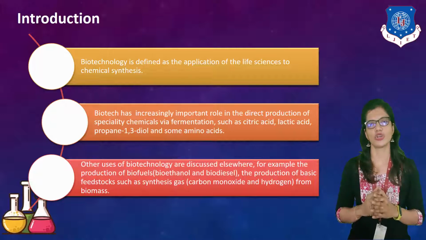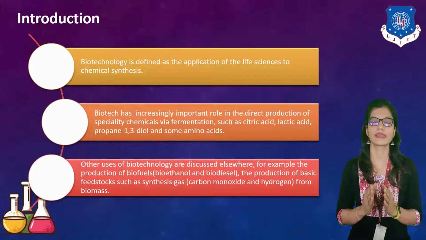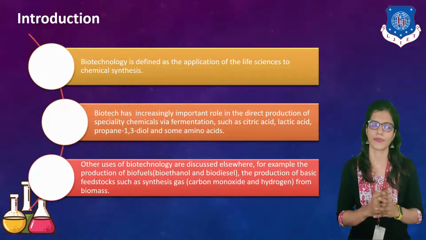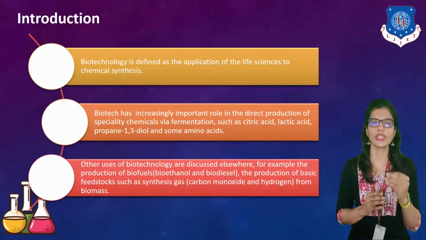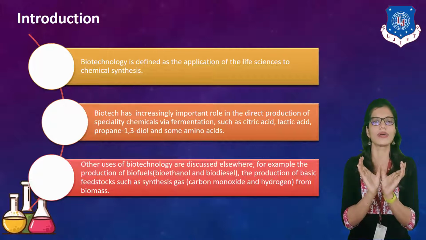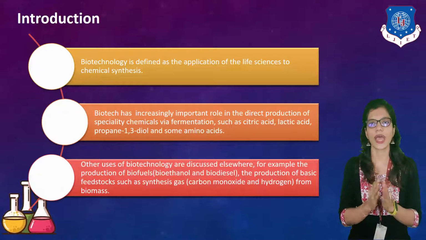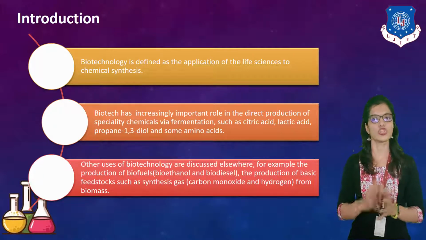So, biotechnology can be defined as the application of life sciences to chemical synthesis. Okay, the knowledge of that particular life sciences is applied to chemical sciences. This is the meaning of biotechnology. Both combine together and make our life easier. To that, when we add a chemical perspective, it is known as chemical aspects of biotechnology.